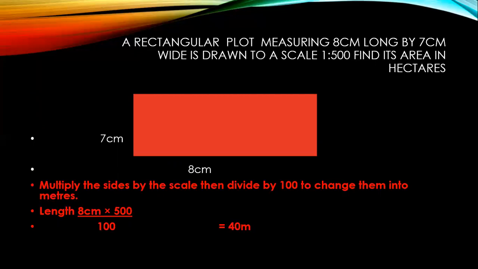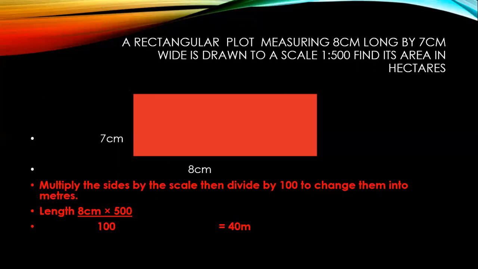So when you have a question like this, it is still the same thing. You can draw that rectangle if they have not drawn for you. Remember, sometimes you will find that they have only drawn a rectangle without any measurement. So if you see a rectangle without any measurement, the only thing you're supposed to do is measure it using your ruler. Take your ruler and measure your length and also measure your width.